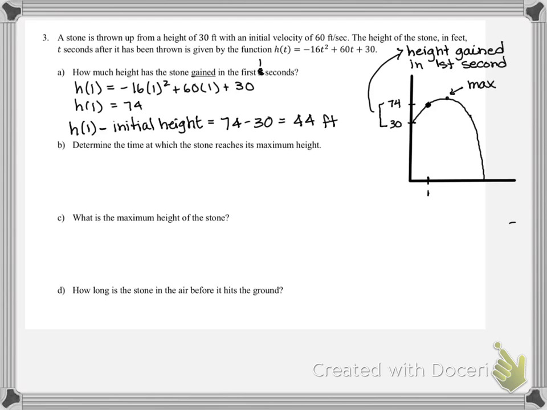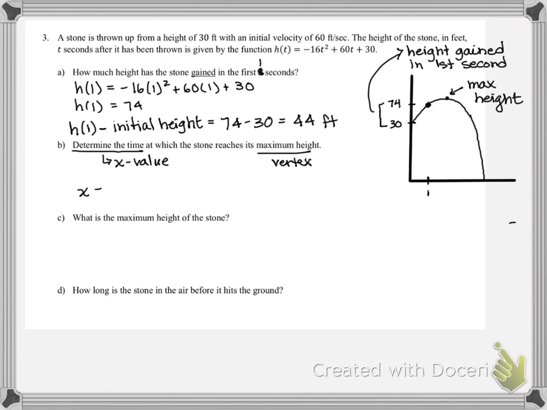A time, and that's my input, right? So you want to ask yourself if you're looking for an input or an output. The x-coordinate's always the input, the y-coordinate's always the output. So we are determining a time, so that's the x value. We are maximizing, so that's the vertex.